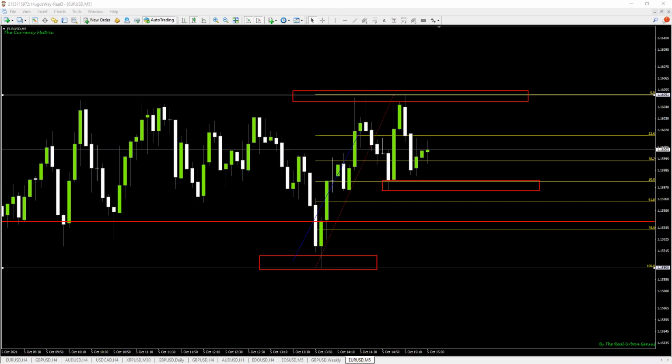Your entry would come off the confirmation of +2. So looking at this situation as 0, -1, -2, +1, +2, your entry would have came right here off the confirmation of the +2.